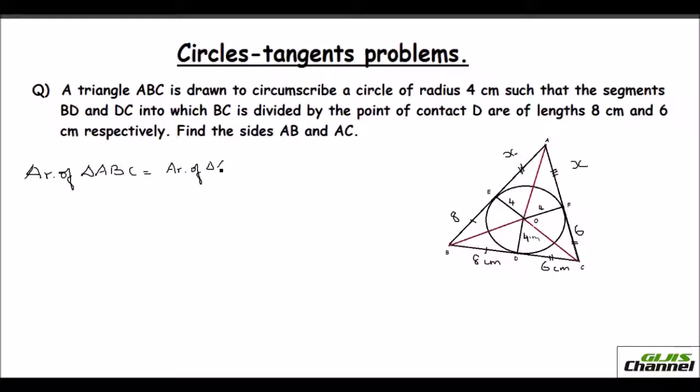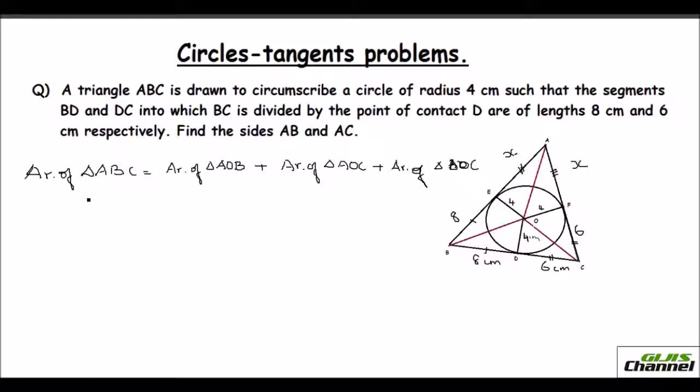So this would be area of triangle AOB plus area of triangle AOC plus area of triangle BOC. If I add up the areas of these 3 small triangles, I can get the area of the whole triangle, okay?